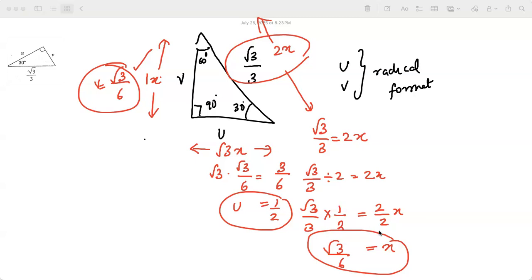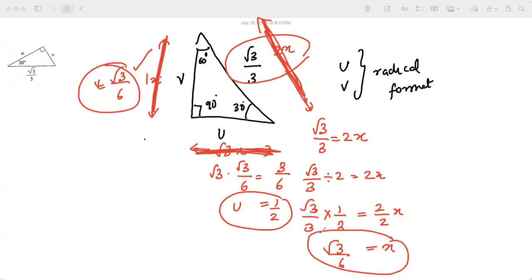Did you get it? But Miss Priya, why do you do root 3 times root 3 by 6? That is because, Seema, the sides of a 30-60-90 triangle are in the format 1x, root 3x, 2x. Does that make sense?